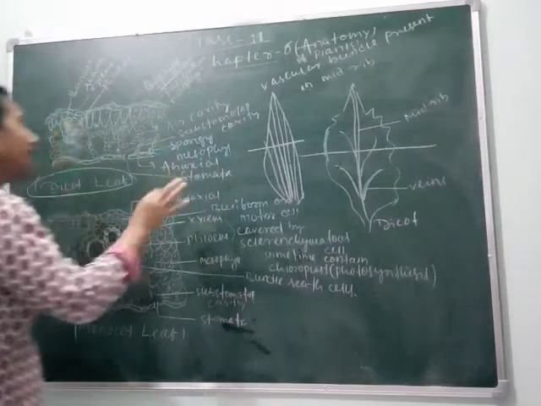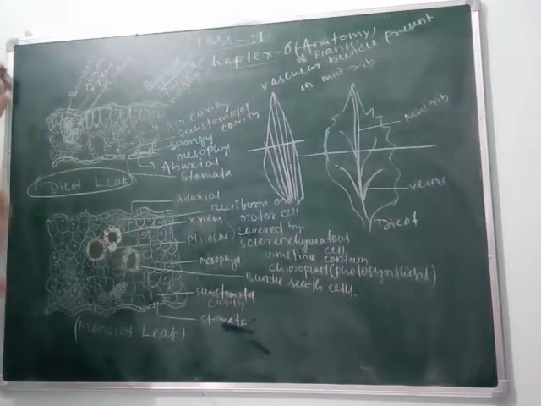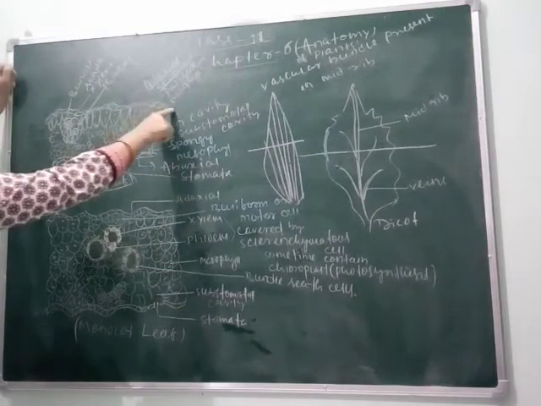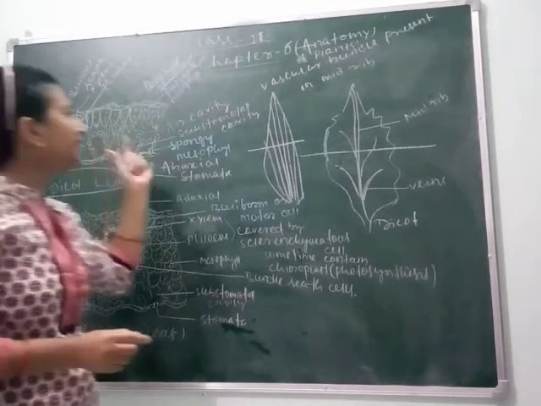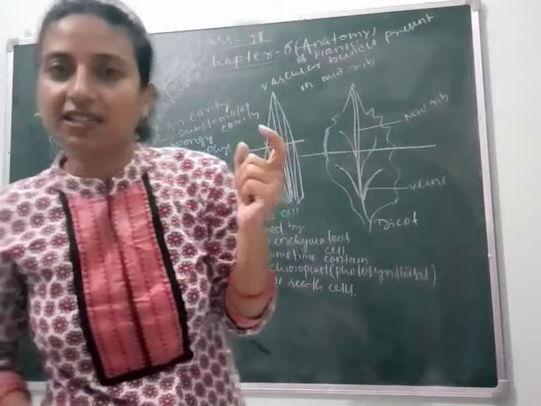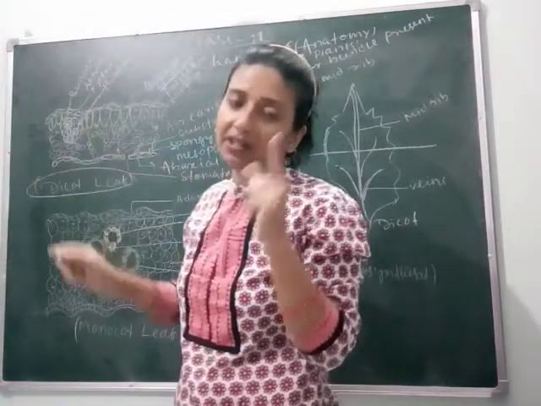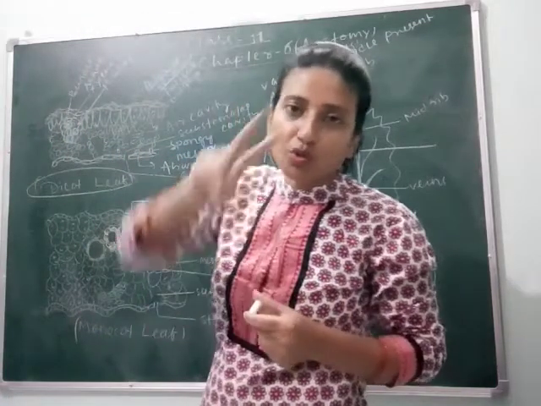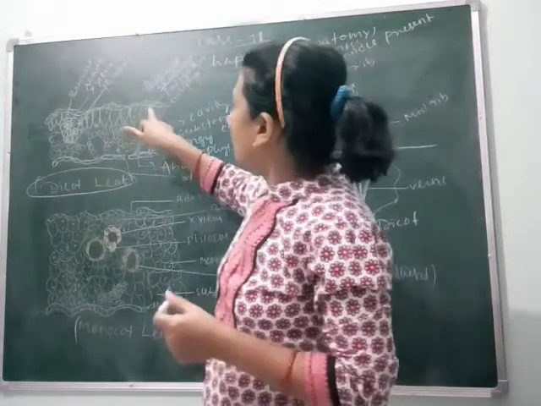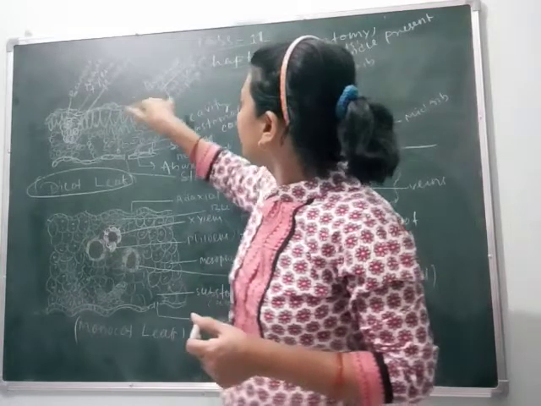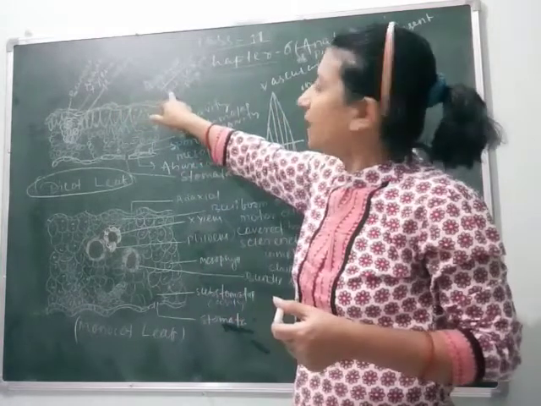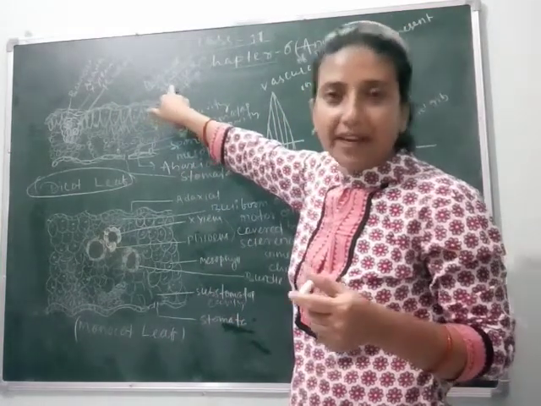So when we cut a dicot leaf, we see different types of mesophyll cells. Remember, in a dicot leaf we see two types of mesophyll cells. On the upper side we see palisade mesophyll, which consists of palisade parenchyma.